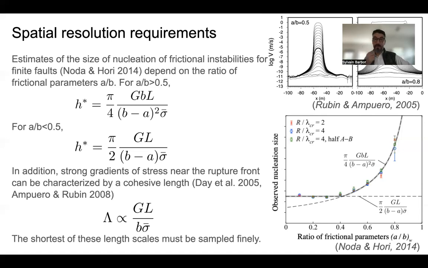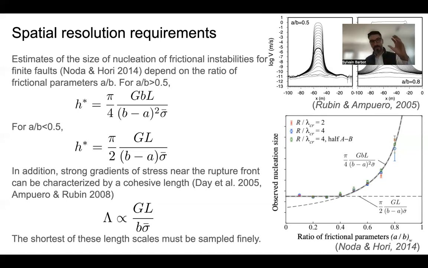And when a over b is lower than 0.5, another estimate can be used instead. Regardless, the numerical sampling must be finer than these length scales. The representative size of the rupture front, called the cohesive length, can also be estimated. And it follows a similar scaling with the weakening distance, the rigidity, and the normal stress.